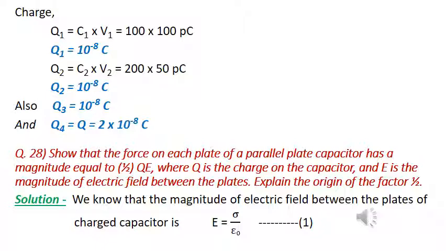In the solution of this question, we know that the magnitude of the electric field between the plates of a parallel plate capacitor is given by E is equal to sigma by epsilon naught, where sigma is the surface charge density on each plate of the parallel plate capacitor and epsilon naught is the electric permittivity of free space. Let this be equation number 1.